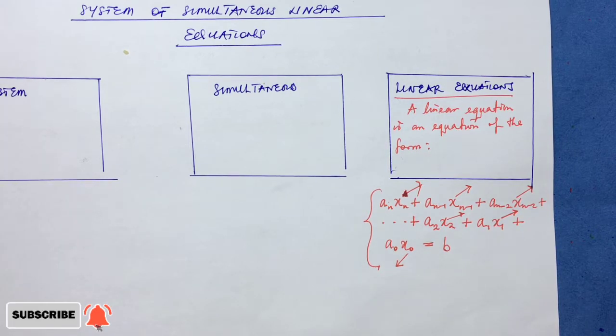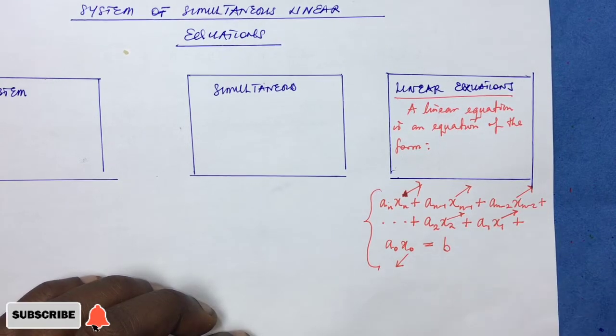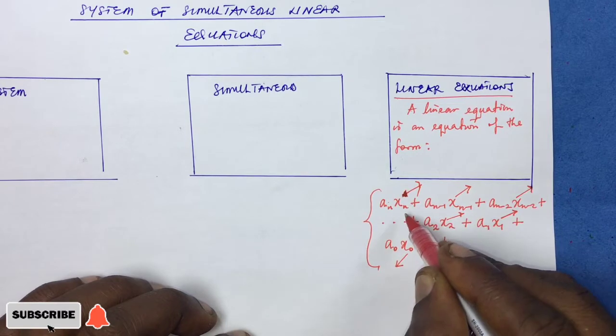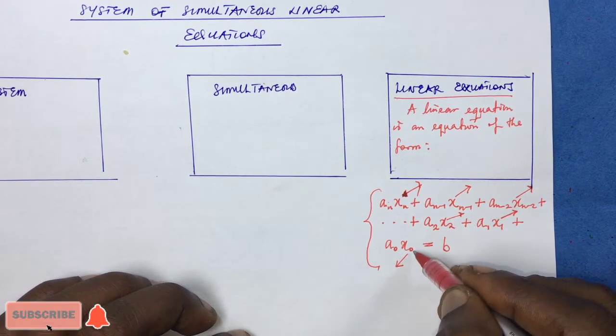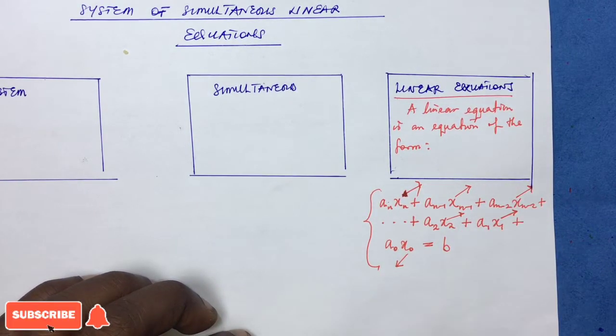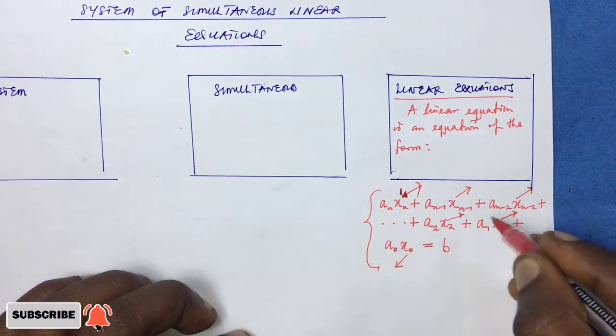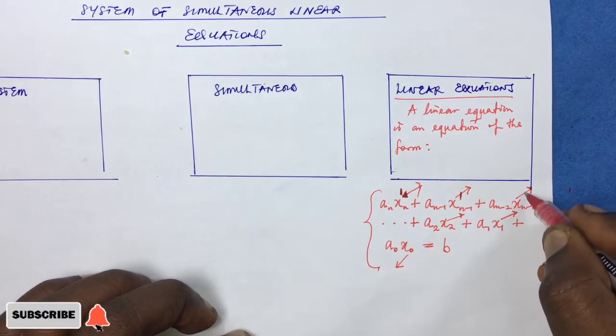Now, this equation is linear because of one particular thing. If you notice something about the variables, there are n variables starting from x_0 to x_n in this equation. The highest power of each of these variables is 1.